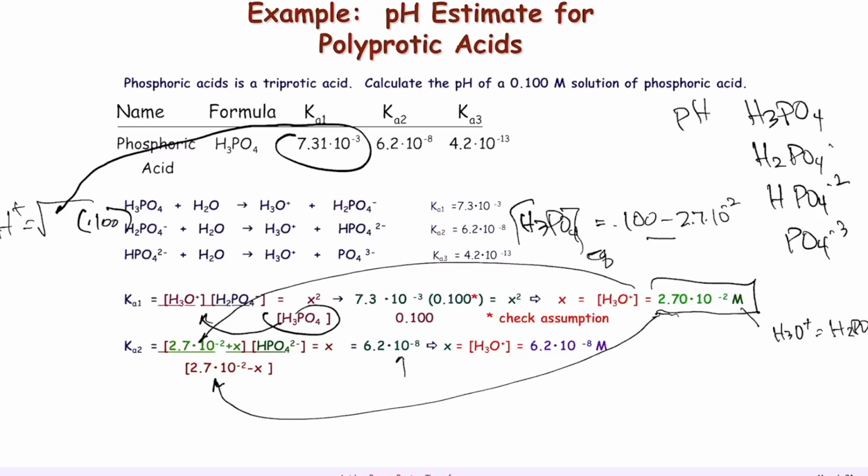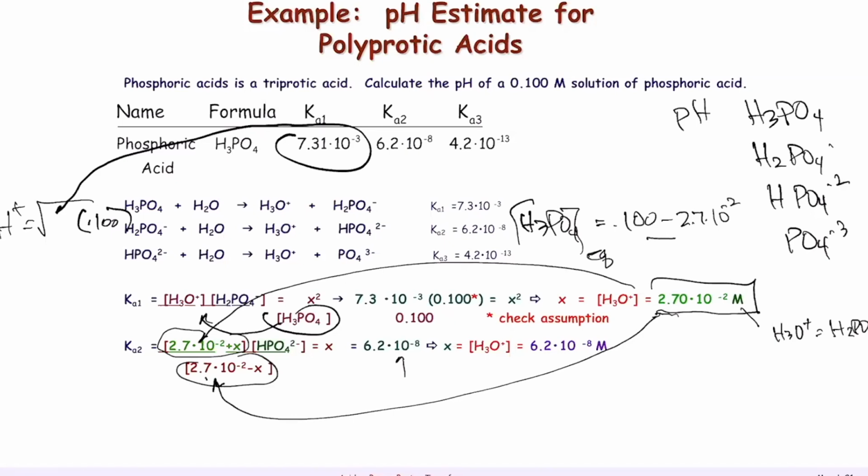And then I'm also making an assumption here that 2.7 times 10 to the minus 2 minus x is approximately 2.7 times 10 to the minus 2. Because of the equilibrium constant, x is so small that it's not going to change this number or this number very much.